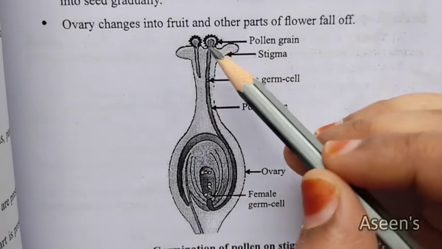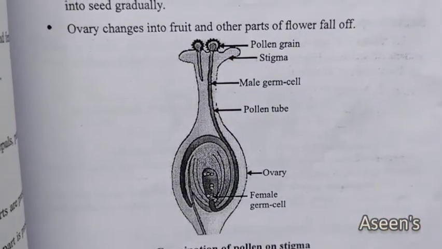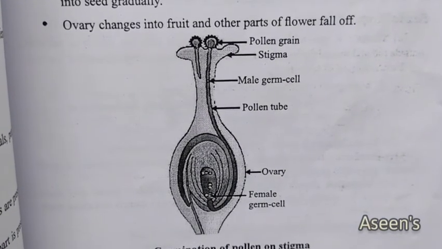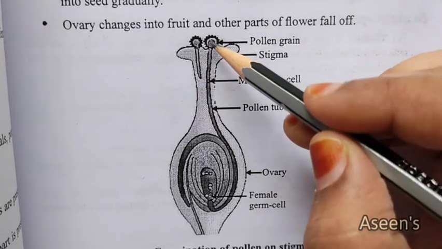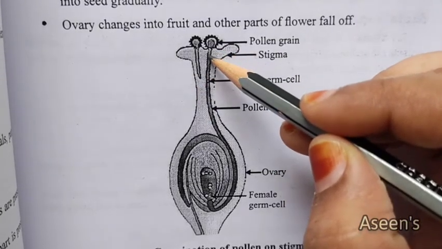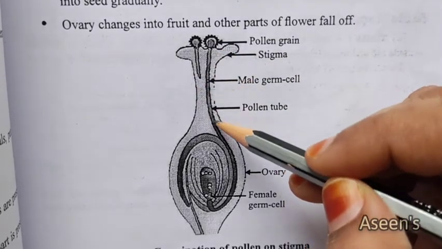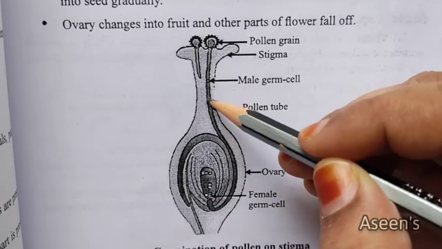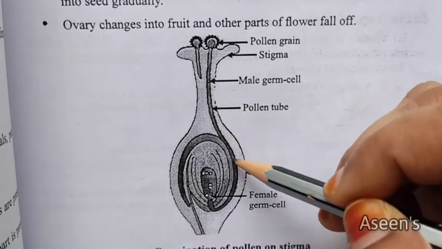As you can see here, a pollen grain is sitting on the stigma, and a pollen tube is being generated from your pollen grain, right? Here, as you are seeing, this pollen tube is growing directly towards the direction of the female germ cell. So how do you think the pollen tube knows the direction?